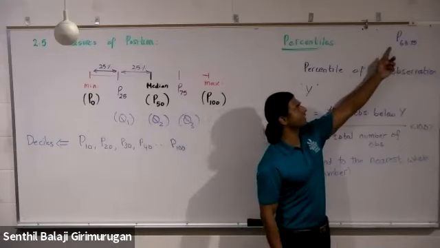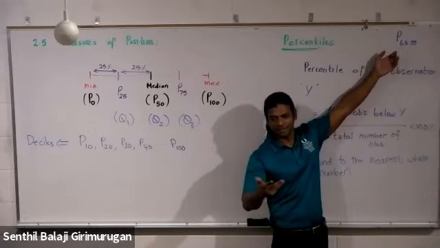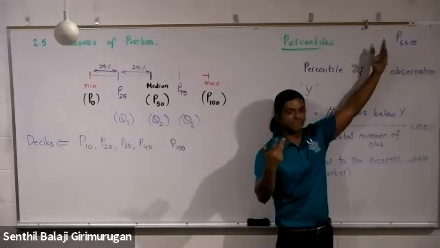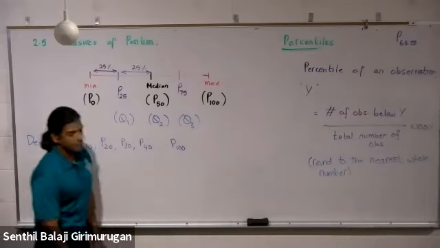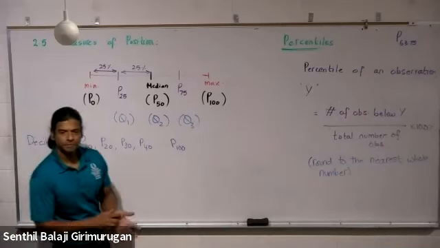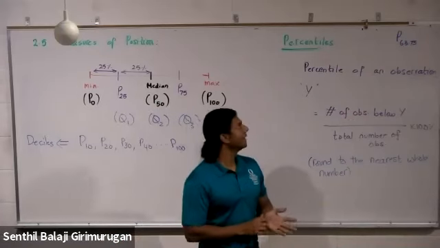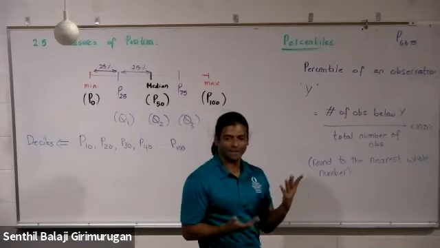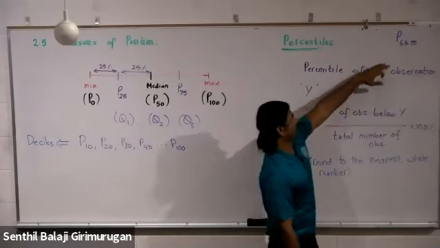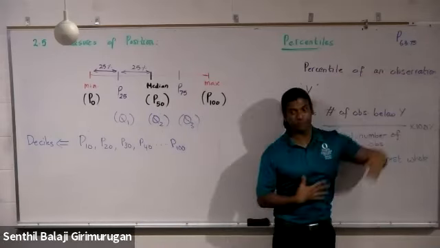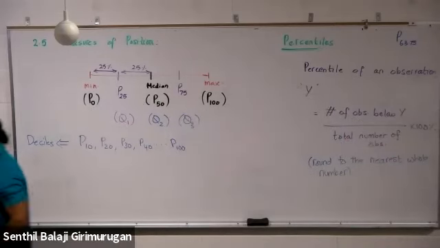But if I said this is P60, 60th percentile, then 60% lies below that number. It's easier. Instead of giving like 63.75 or 64, we go to the nearest tens, that would be 60. But this is what I would go for because it's very accurate.